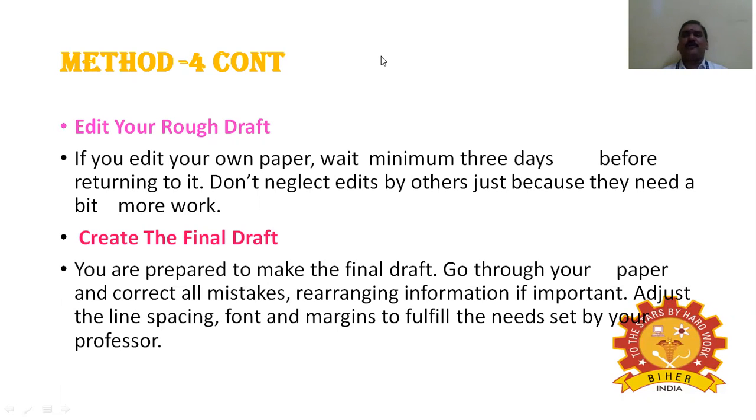So next I'm coming to create the final draft. Now we are constructing the pakka research paper. So you are prepared to make the final draft. Go through your paper 1 or 2 times and slowly read your paper. Correct your mistakes.